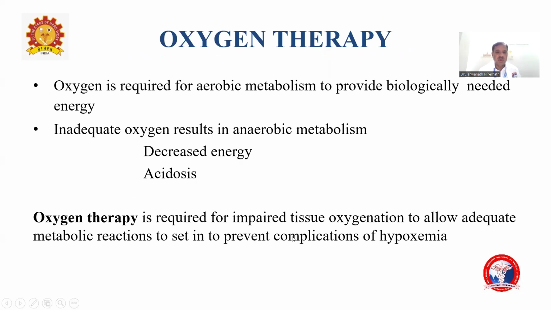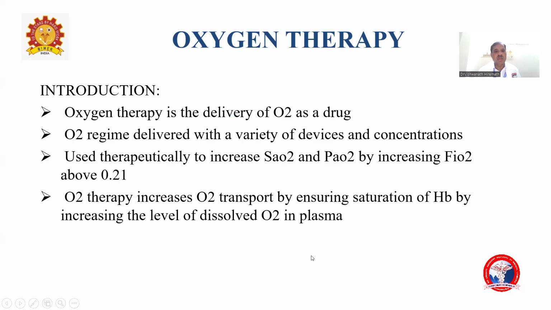Oxygen therapy is required for impaired tissue oxygenation to allow adequate metabolic reactions to set in and prevent complications of hypoxemia. Oxygen, though essential, should be used as a drug. Otherwise, it will lead to oxygen toxicity.